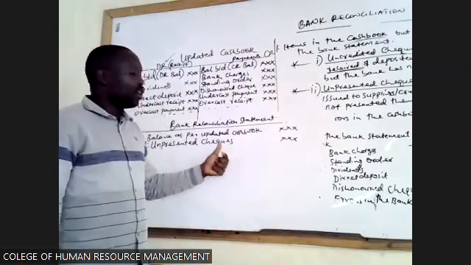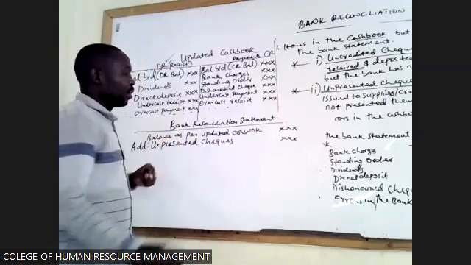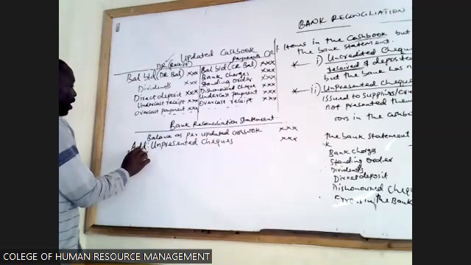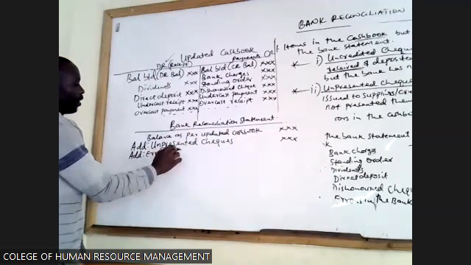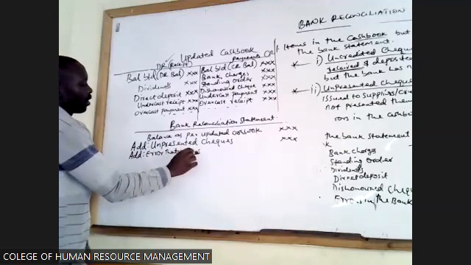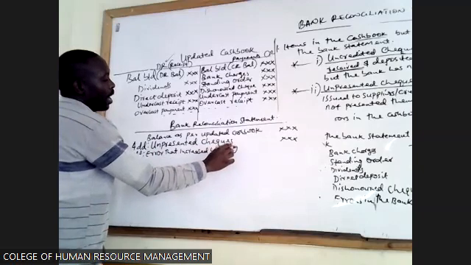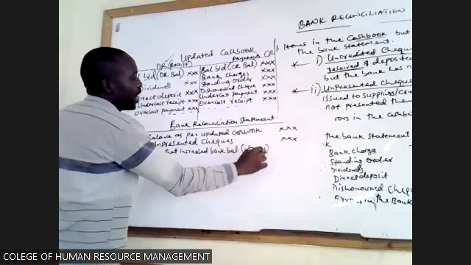Now they are going to be used in the reconciliation statement. The other thing you can add here is the error that increased the bank balance, but these are rare. We normally say here, if any.